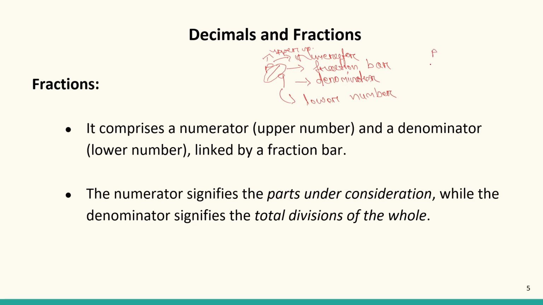Here in p by q, you have p parts considered, and q is the total number of parts available.